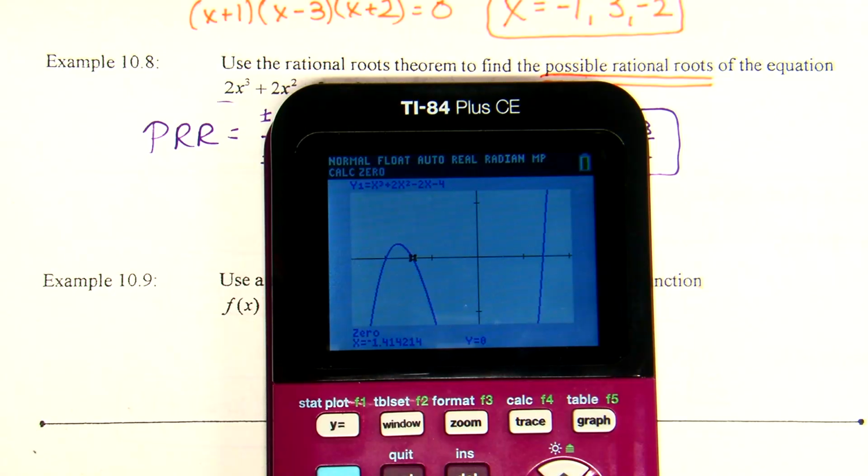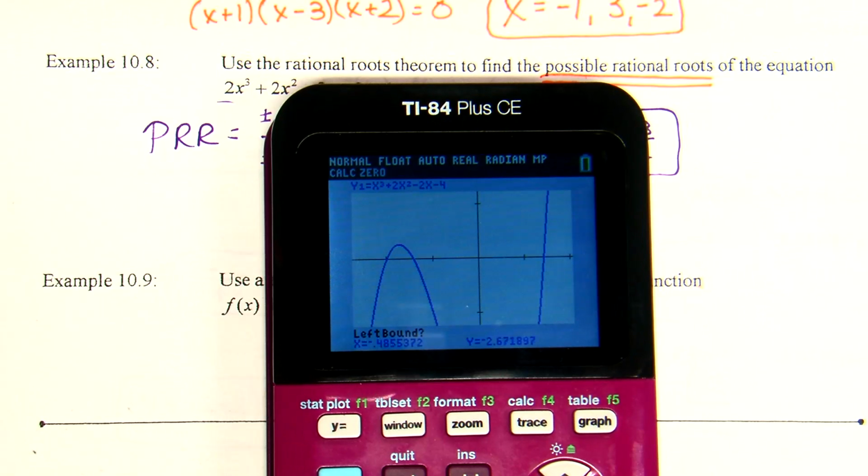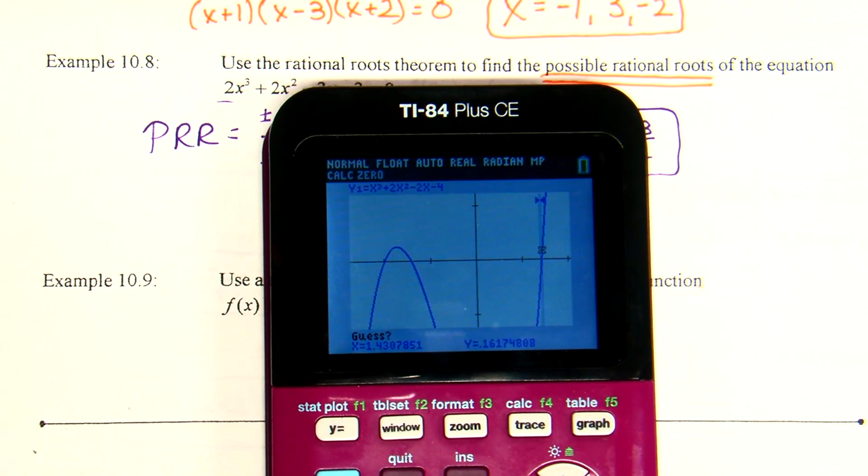And isn't that one of the ones we had up above? Yeah. And if I do the next one over, second calc 0, guess what I'm going to get? So left bound, right bound, and now I have positive 1.4142, which is square root of 2.